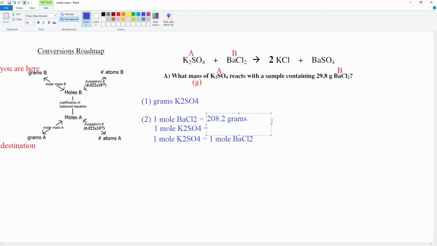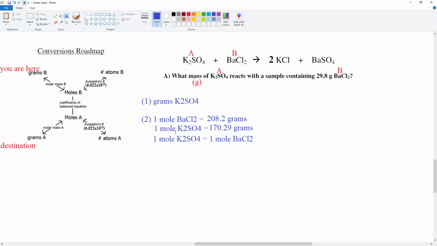Good. And then for potassium sulfate, Sarah gives us, it's going to be 170.29 grams, right? And that's 2 potassiums at about 40 each, plus 4 oxygens at 16 each, and then a sulfur, which is, I think it's about 32. That seems right to me.